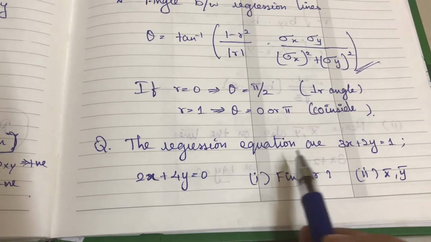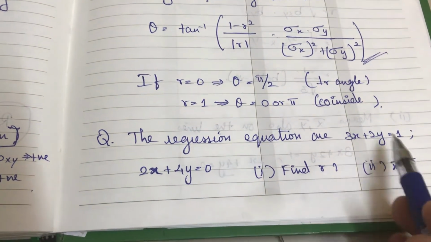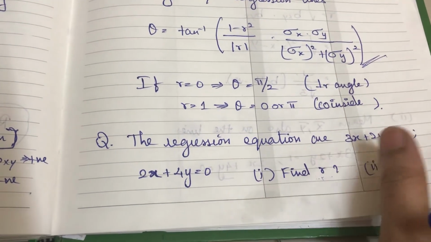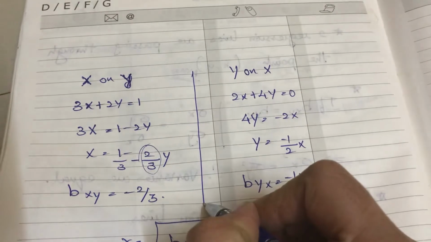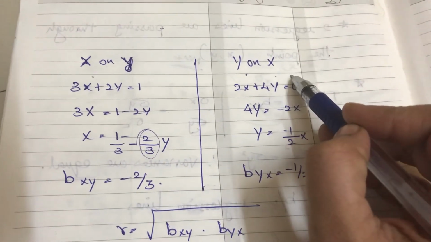They have given two regression equations, and we need to find r and x bar, y bar. First, we need to find the two lines, x on y and y on x.